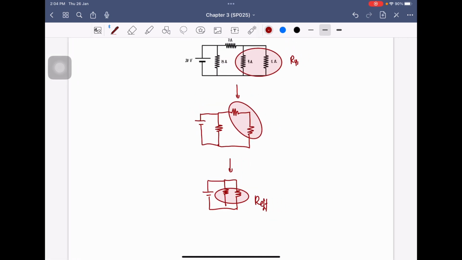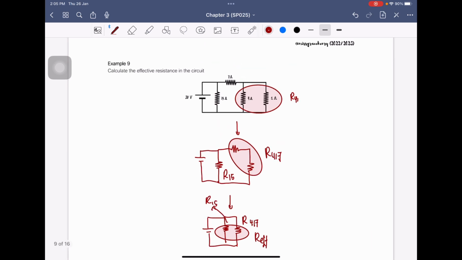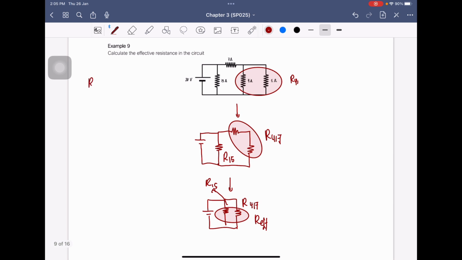Okay. Alright, so this is R417. So this one is R15. This will be R417 and R15.